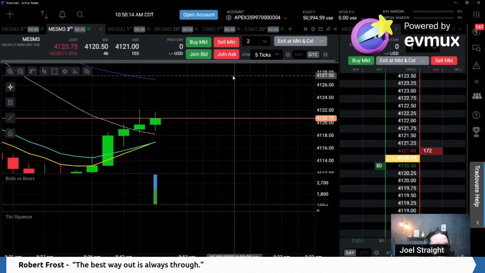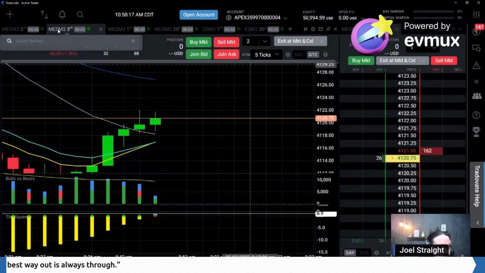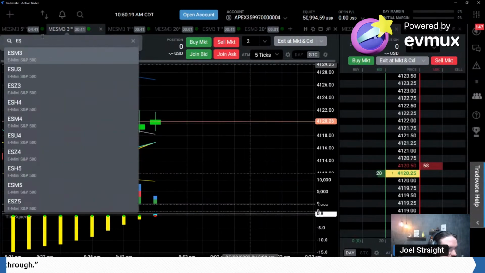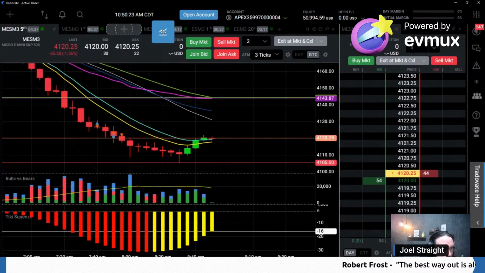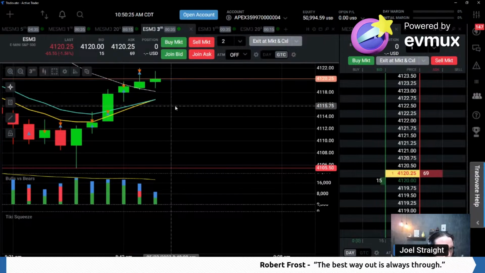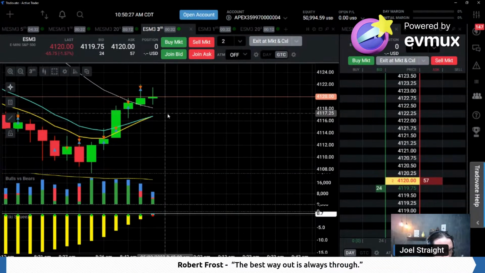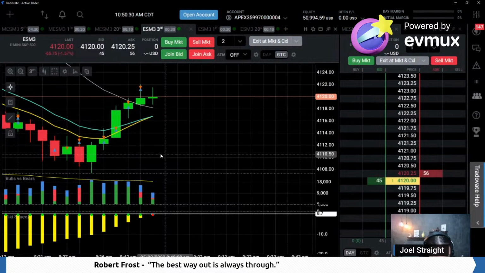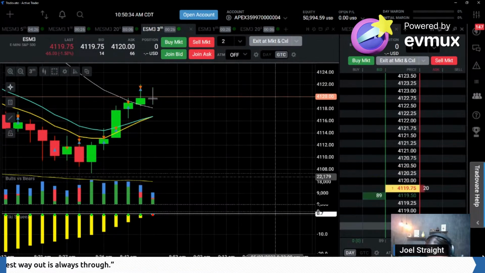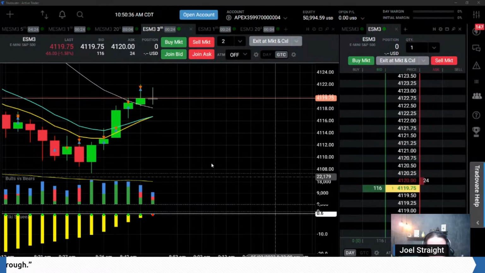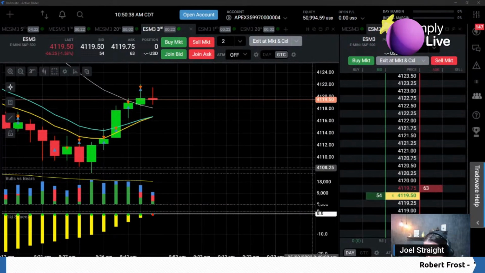I'm going to switch this chart to the ES. We should have a new one at 51, which is in a couple of seconds.